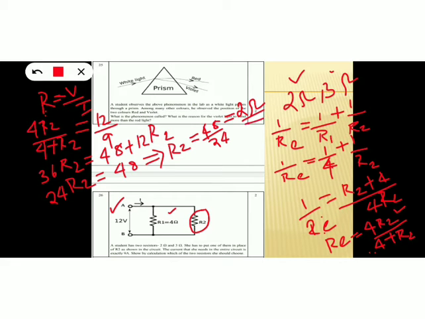So which resistor should she choose? 2 ohm resistor. The value of R2 should be 2 ohm. So this is the answer. She should choose a resistance of 2 ohm in order to get a current of 9 ampere.